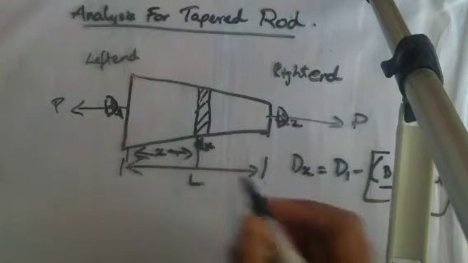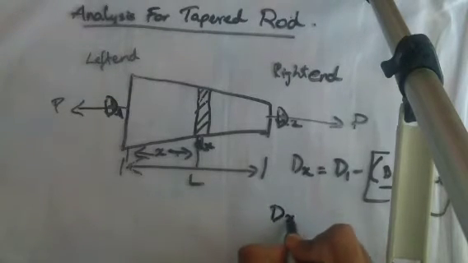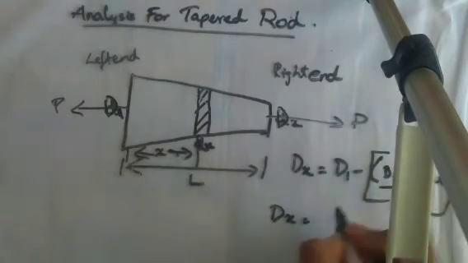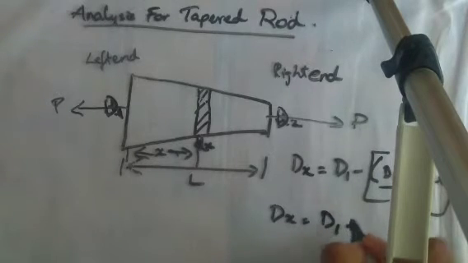Now we can take the term (d1 minus d2) divided by L as k.